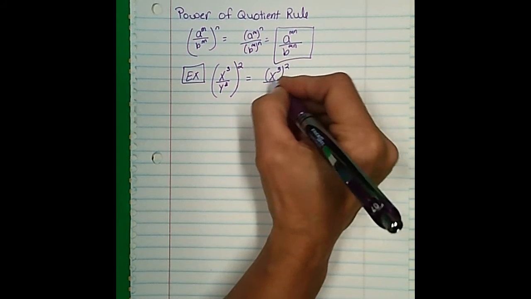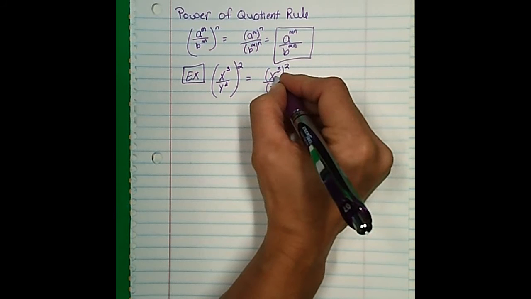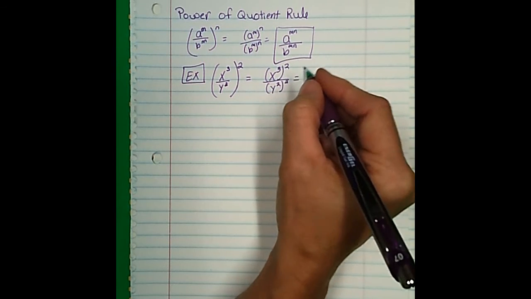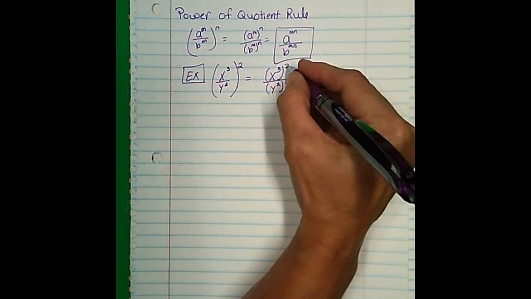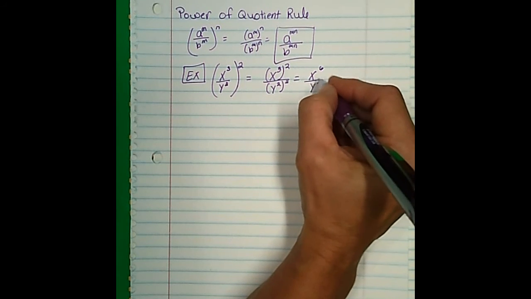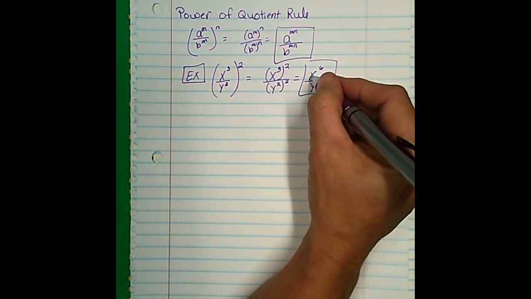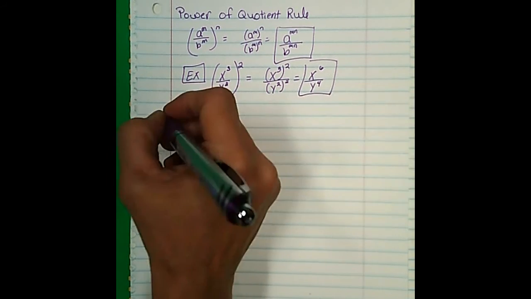So everything's getting raised to that power. And since it's raised to a power and raised to another power, we multiply powers. So I have 3 times 2 is 6, and I have 2 times 2 is 4. I don't know the value of x and y, so I'm done. If we know the values, we can finish this out.